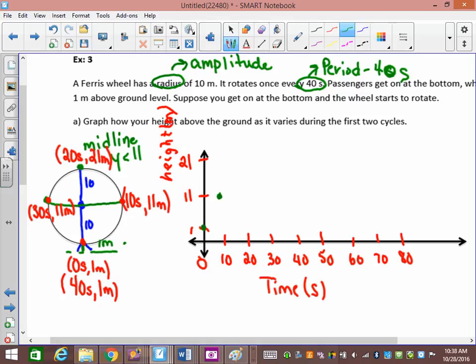At 20 seconds, I'm at 21. 30 seconds, I'm at 11. 40 seconds, I'm back down to 1. At 50 seconds, I'm back up at 11. 60 seconds, 21. 70 at 11. And 80 at 1. So I get a graph like this.